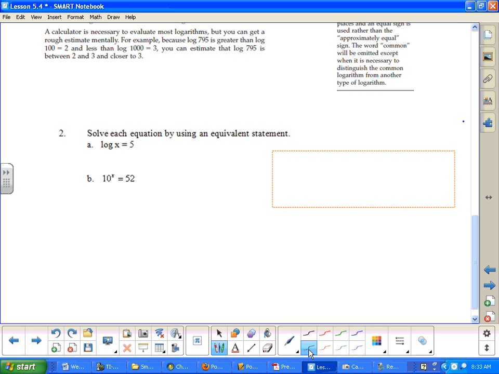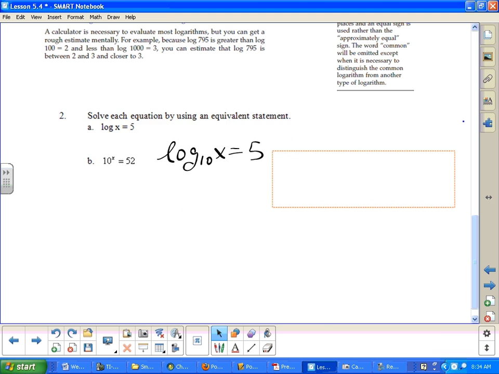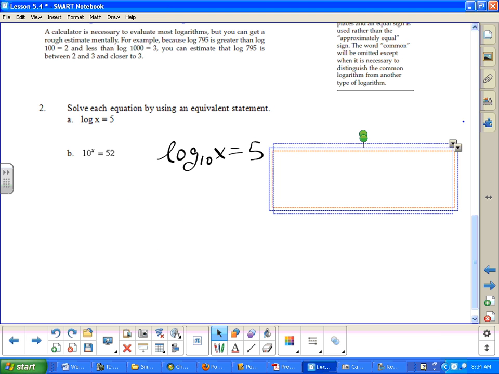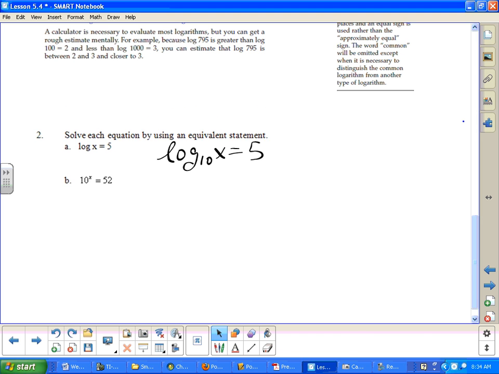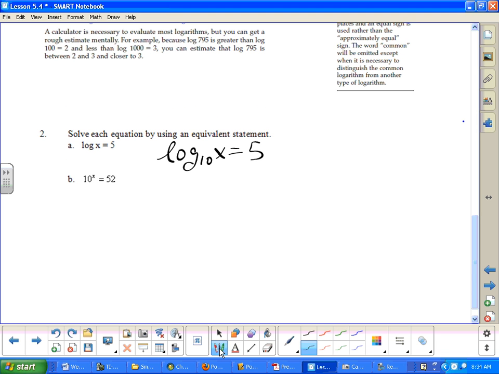Remember that if there's nothing here, then this is the log base 10 of x equals 5, the common logarithm, which means that I can say 10 raised to the 5th power equals x. So the answer to that is 100,000.